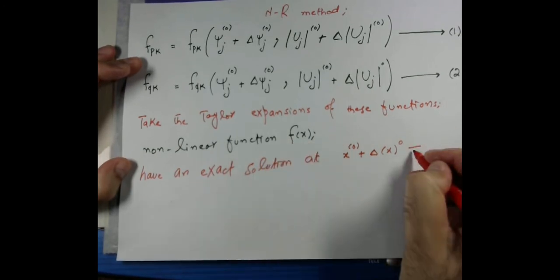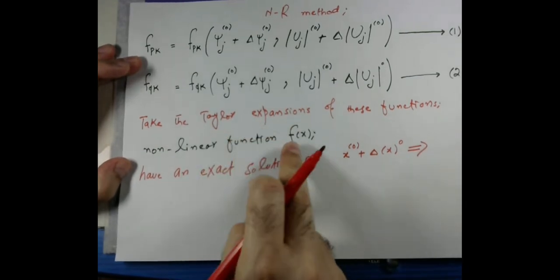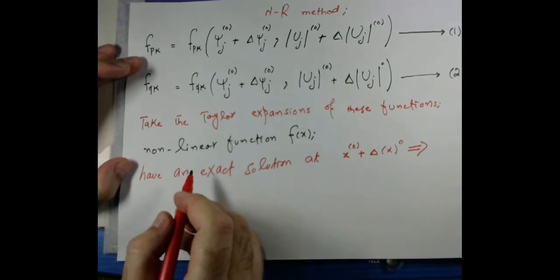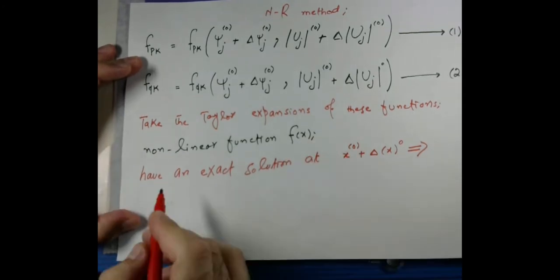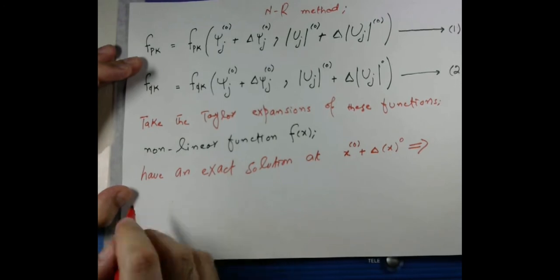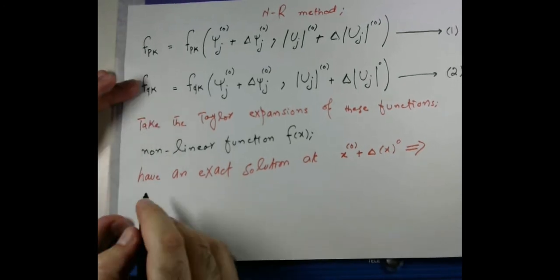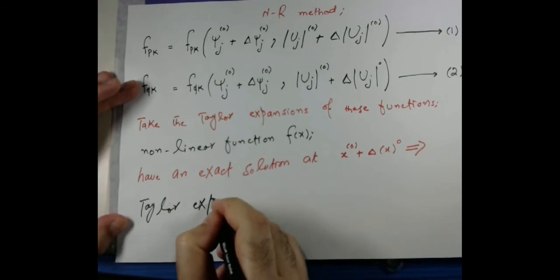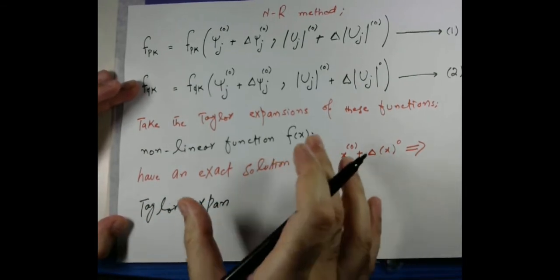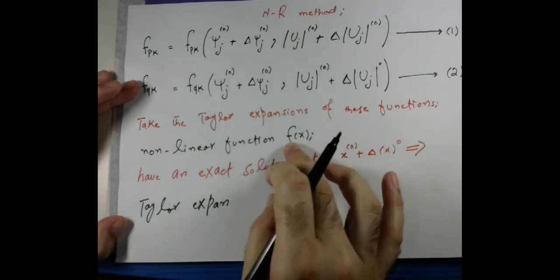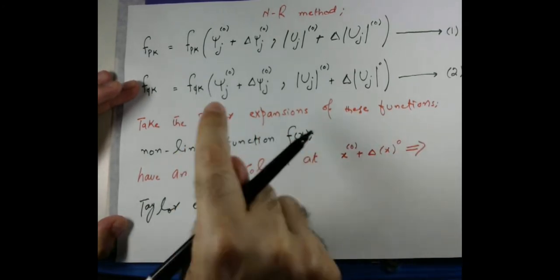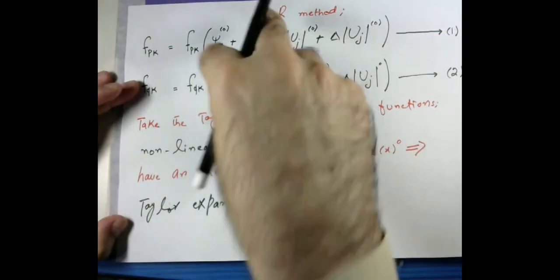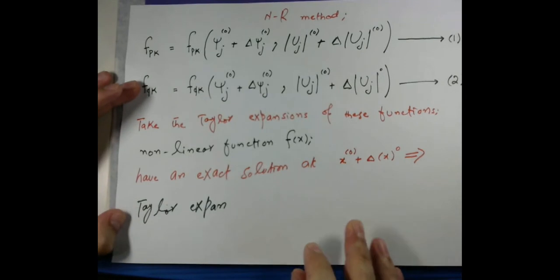Now if we take the Taylor expansion of the nonlinear function f of x around x0, first we write it for a nonlinear function f of x, and then, once we know the general form, we will also write the Taylor expansion of the power flow equations.